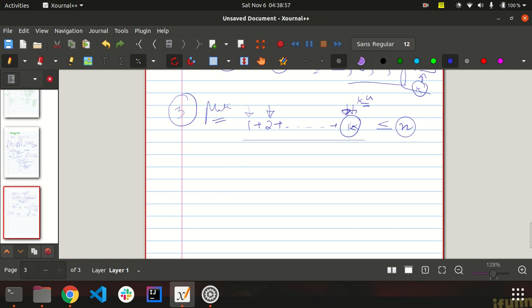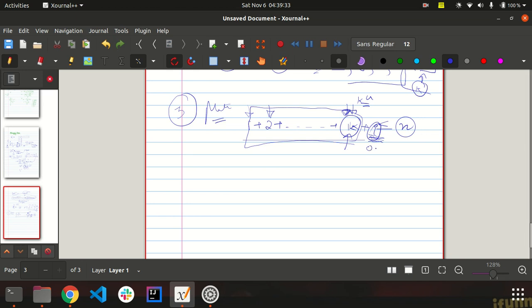Now we know this kth row must be filled, and we have some invalid number of n's. Is it correct or not? This kth row, these are all the rows which are completely filled, and these are some invalid number of rows.